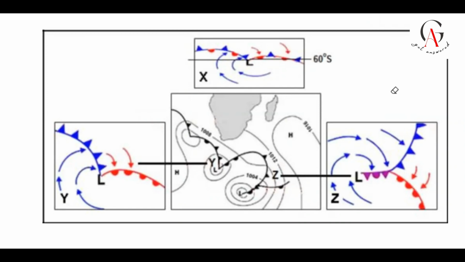We're going to use the isobar interval. Since we know there's an isobar here numbered 1008, and since this is a low pressure cell, we know pressure decreases towards the center.